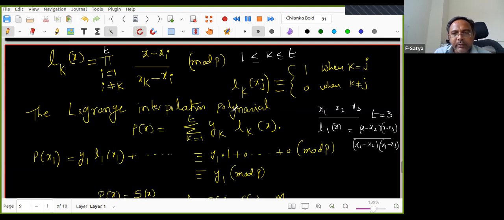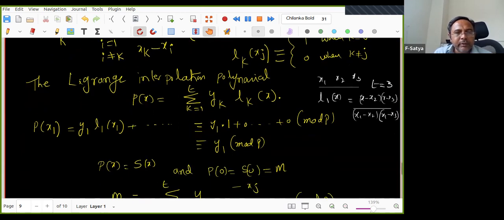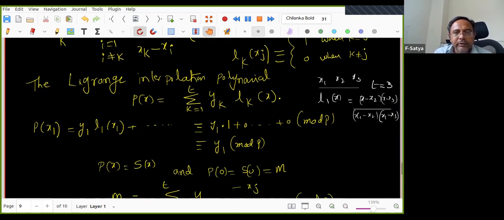Then the Lagrange interpolation polynomial now becomes the sum of yk into Lk of x. Participants have these x1, x2, ..., xt and y1, y2, ..., yt. But the secret polynomial they don't know. By substituting, we know that p of x1 is equal to y1 times L1 of x1 and so on.